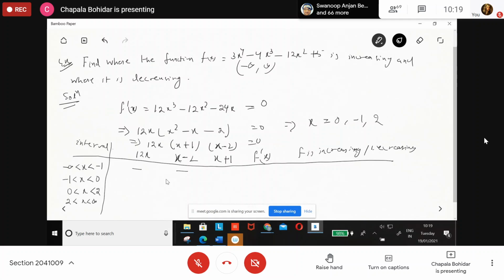So what we get here? Negative. All of you clear how I'm getting this value? Yes, ma'am. So what we get for f dash x, the multiplication of all this? Negative. It is negative, means it is less than 0, decreasing, isn't it? So f is decreasing.